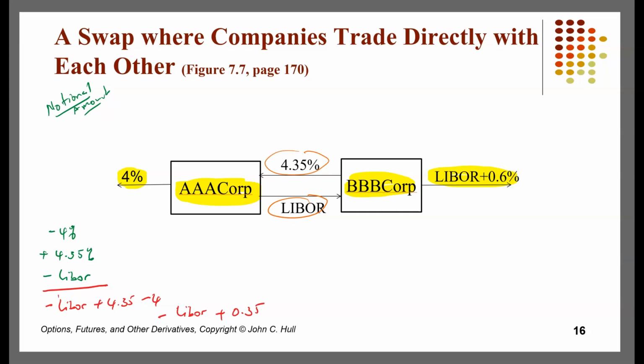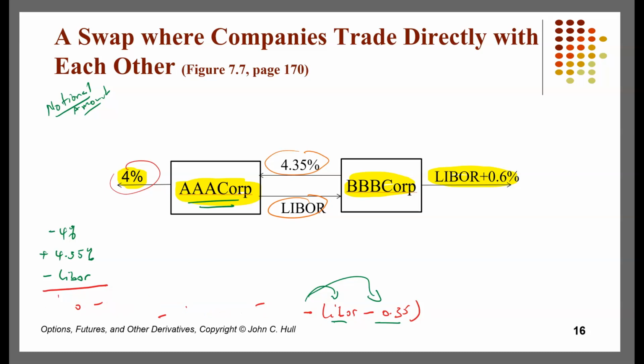Because this is the net outflow, I'm going to say minus (LIBOR minus 0.35). When I multiply the minus through, I have minus LIBOR, and plus 0.35. Essentially, AAA is going to be paying LIBOR minus 0.35. That's a net outflow of AAA.